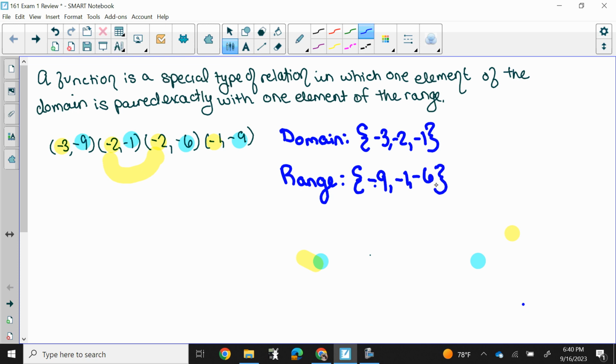Also, as you go and look at graphs, remember there is a thing called the vertical line test.